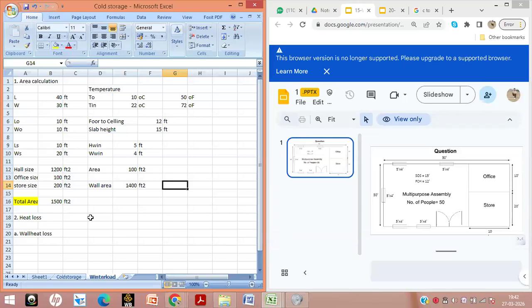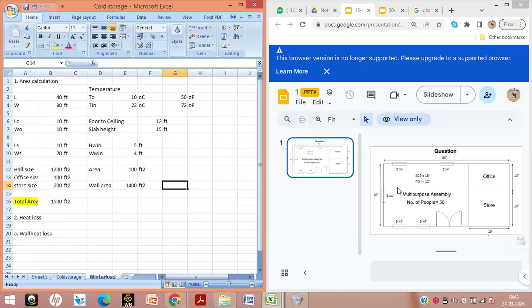Yes, all windows are 5 feet. Yeah, all windows we need to calculate, because we already calculated the complete area of the room, or complete building, we can say. So in that, 5 windows are there.